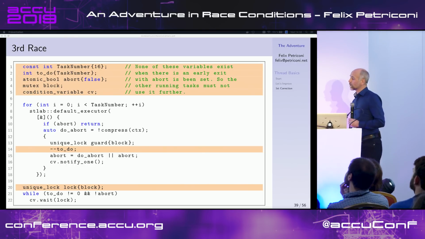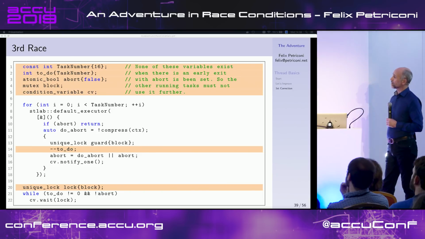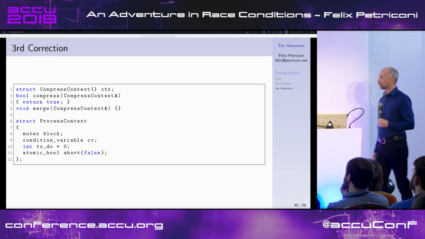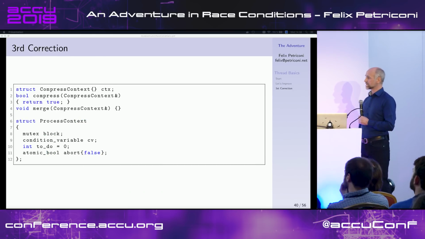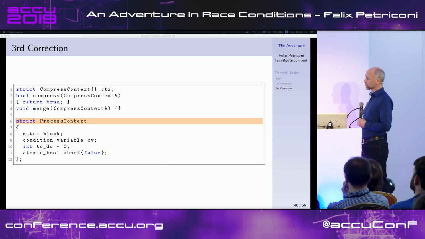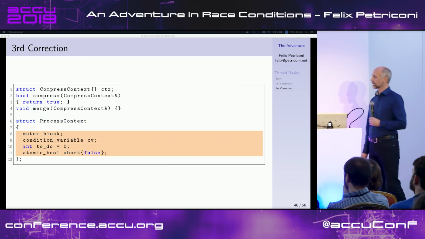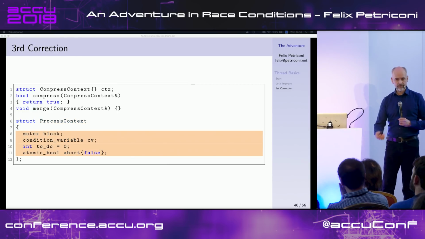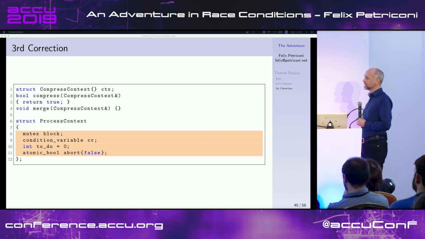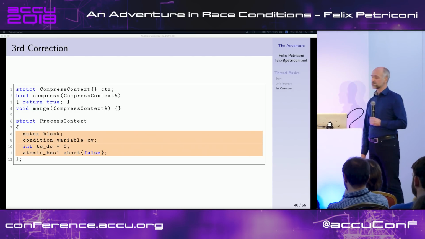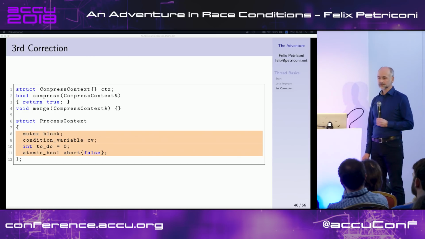Okay, what's the way to fix this problem? We put all these things into what I call a process context. So we take the mutex, the condition variable, the to-do, which is only an int, and the atomic bool into a structure.